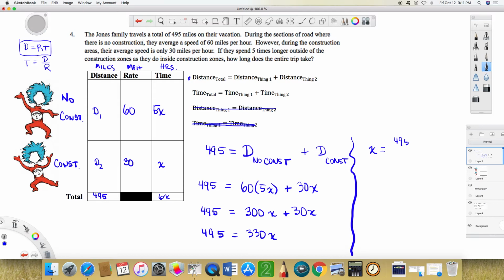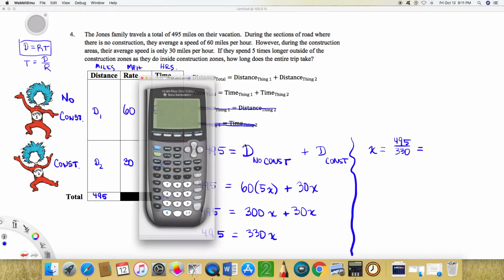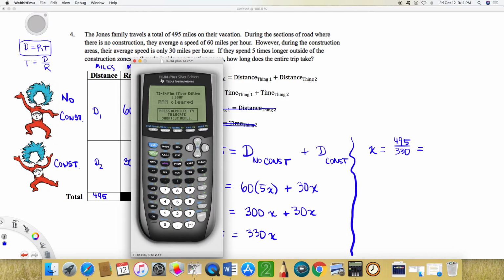So x is 495 divided by 330, and that's going to clearly reduce. So let's use my calculator so I don't make a silly mistake. 495 divided by 330 is 1.5 hours.